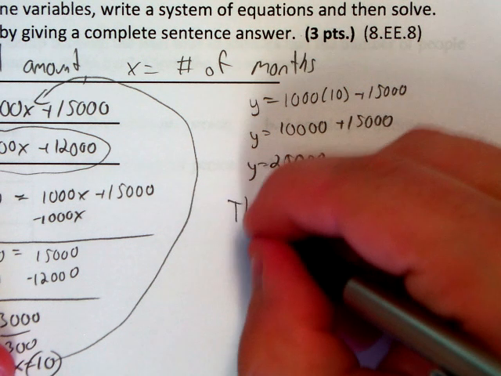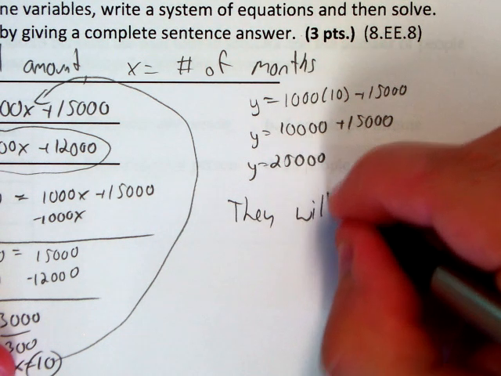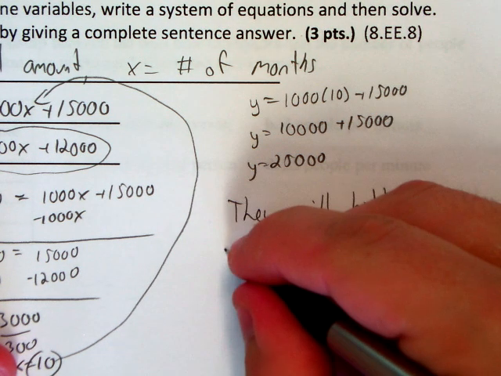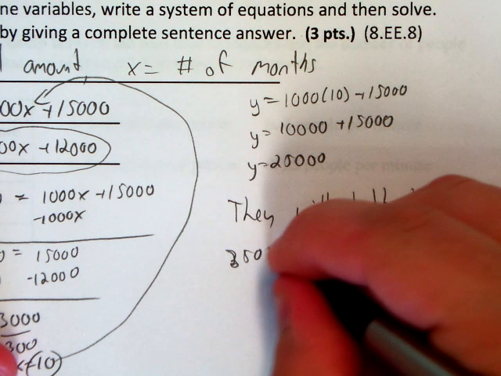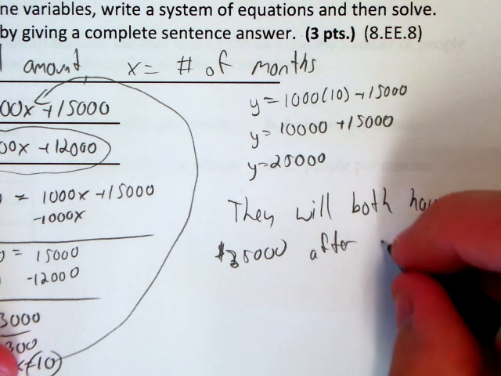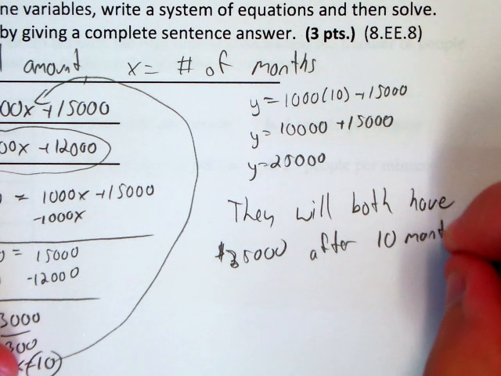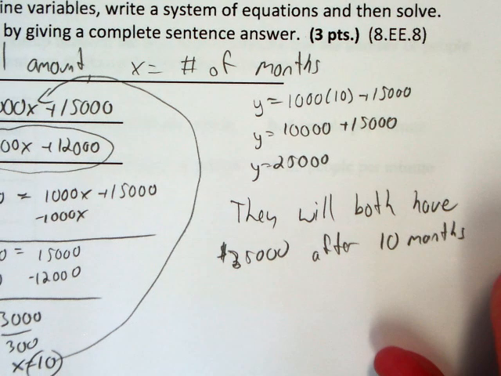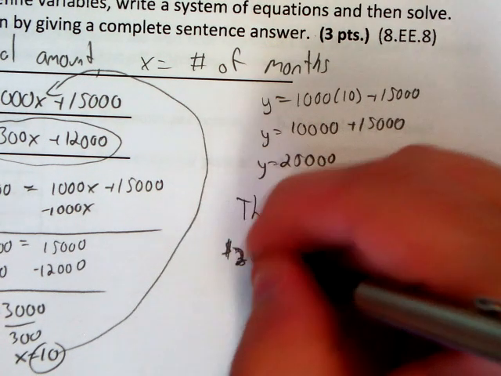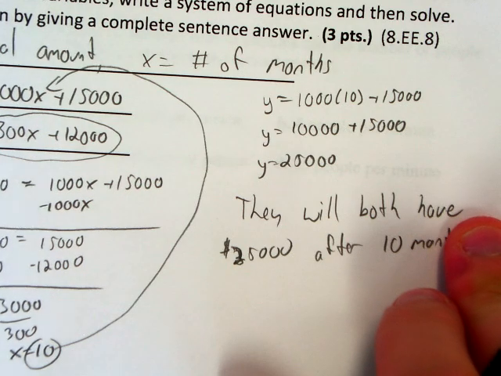So now it says to interpret. So they will both have $25,000 after 10 months.